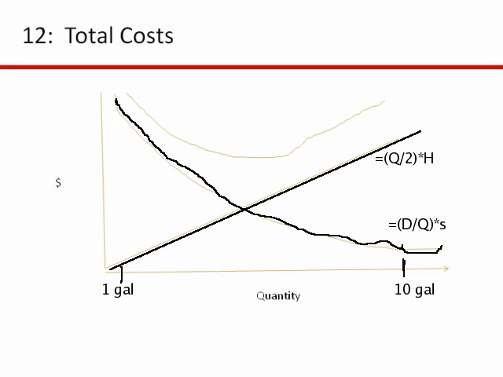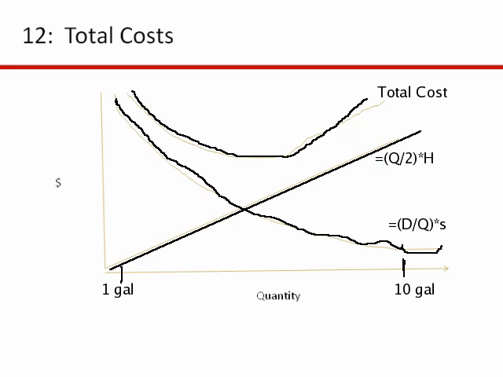And so if I look at total cost, that's this line up here. All right? And you can see that there is a minimum here in my total cost curve. Okay? And again, the total cost would just be the sum of the ordering cost plus the holding cost, right?